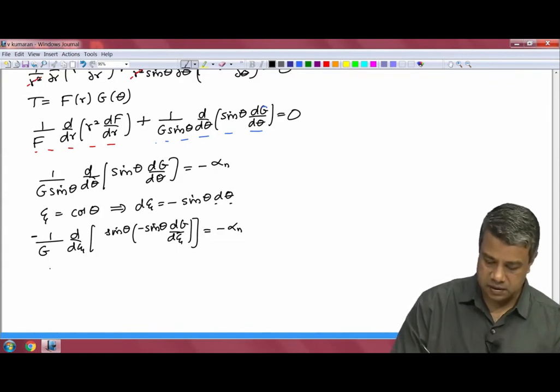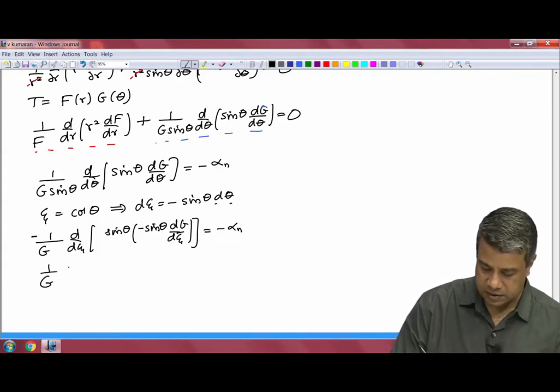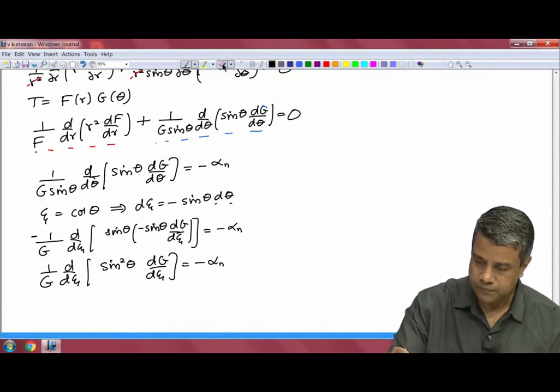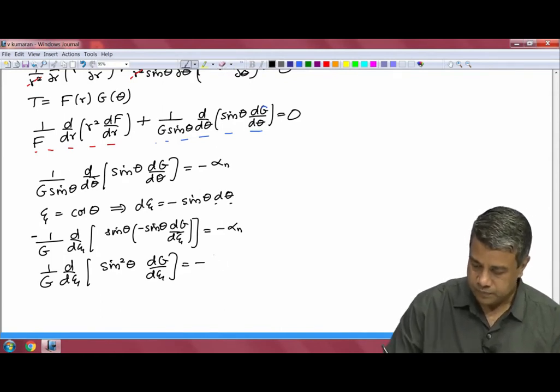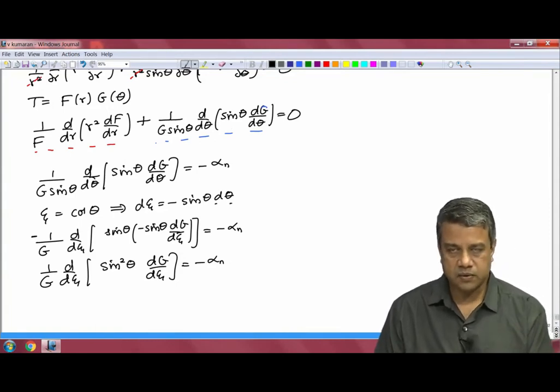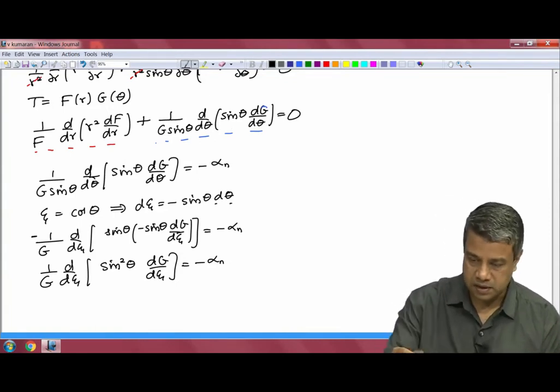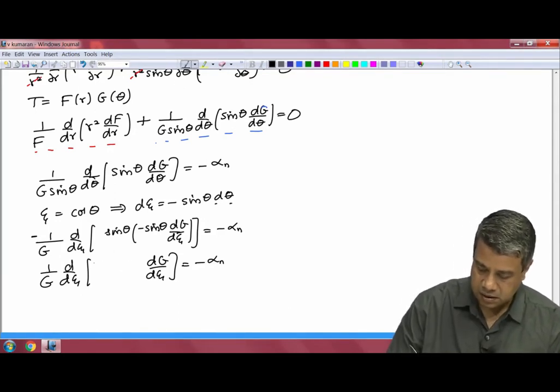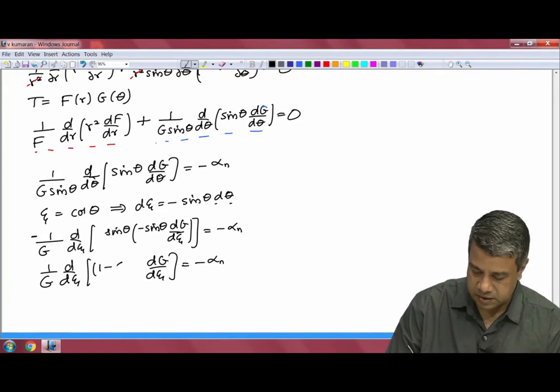And you can see that this reduces to 1 over g d by d psi of sin square theta dg by d psi. And sin square theta is 1 minus cos square theta, which is 1 minus psi square.